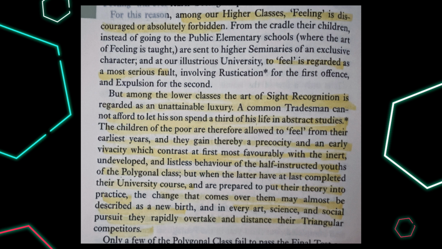But among the lower classes, the art of sight recognition is regarded as an unattainable luxury. A common tradesman cannot afford to let his son spend a third of his life in abstract studies. The children of the poor are therefore allowed to feel from the earliest years, and they gain thereby a precocity and an early vivacity which contrast at first most favorably with the inert, undeveloped, and listless behavior of the half-instructed youth of the polygonal class.